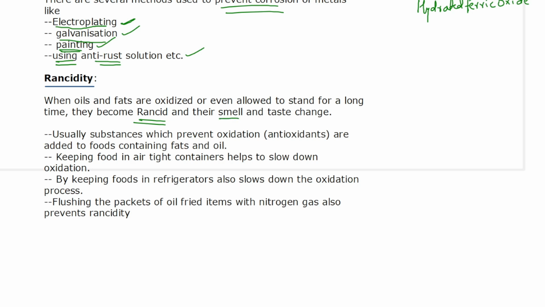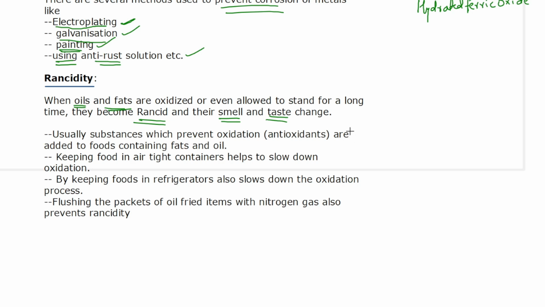What happens when chips or any other oil fried items are exposed to the outside environment for a long time without preserving them? There is a change in taste and smell of those oil fried items. We have to prevent the contact of oxygen with those substances.